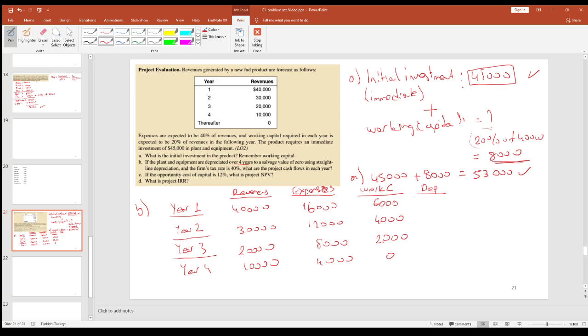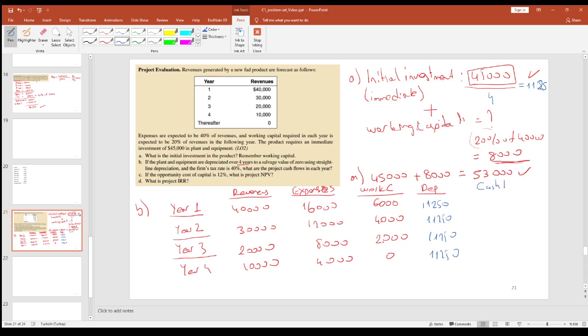So I need to divide this by 4, which is equal to 11,250. And the result will be here.